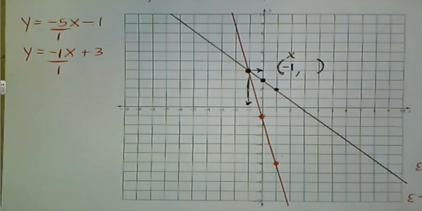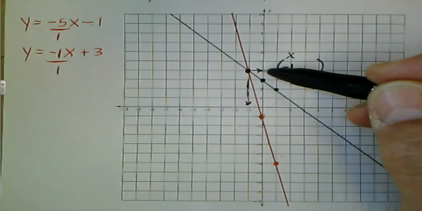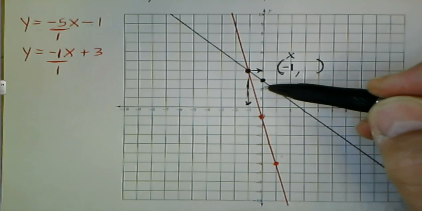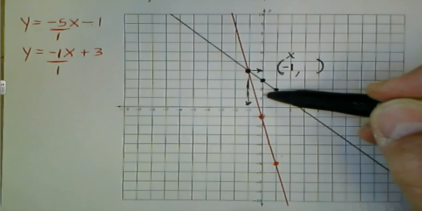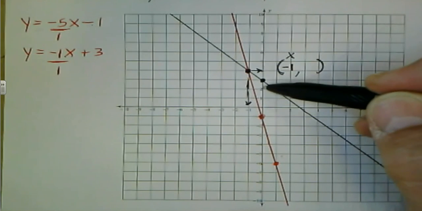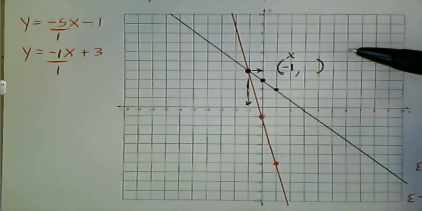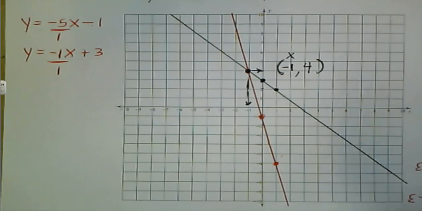What is the y value? Count it from 0. 1, 2, 3, 4. It's 4. Can you not see that on yours?